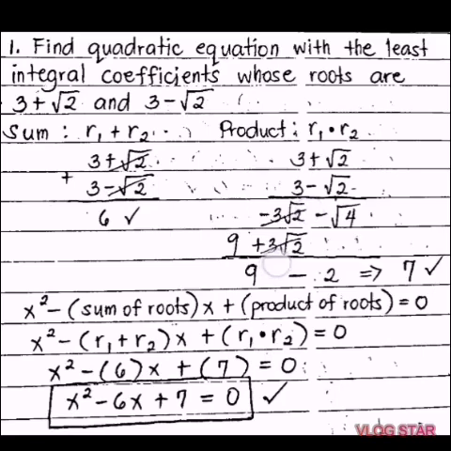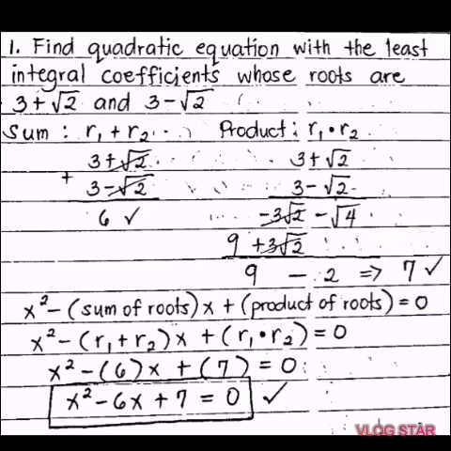That's why we cancel out. Then bring down the minus sign. What is the square root of 4? 2. So we have 9 minus 2. 9 minus 2 is 7. So therefore the product is 7.